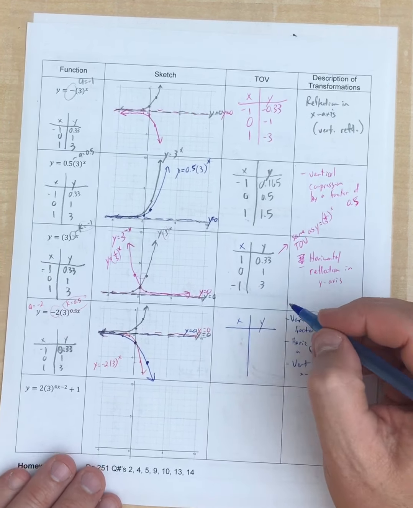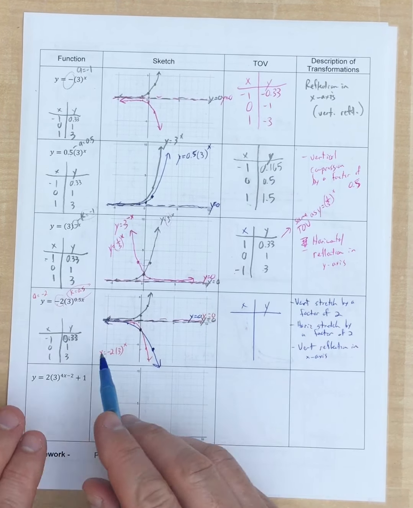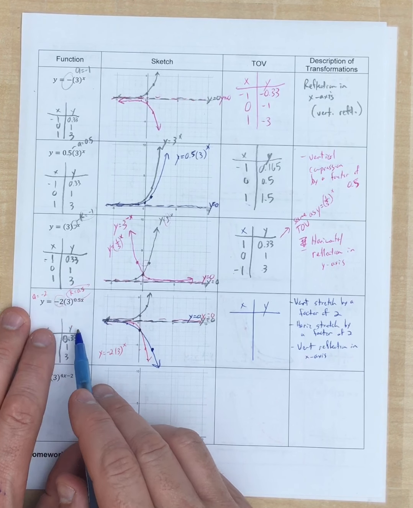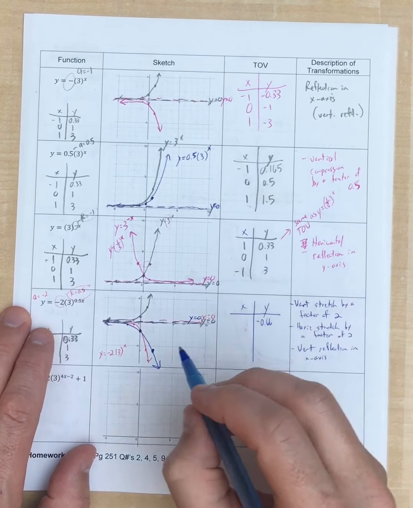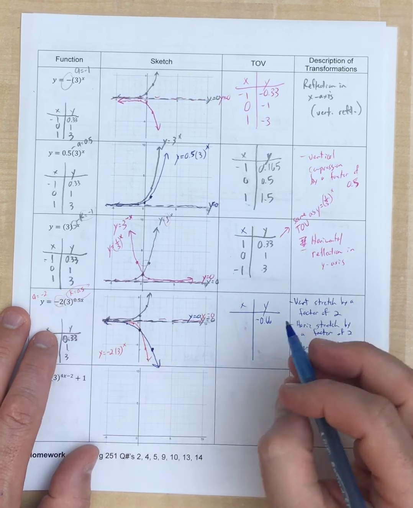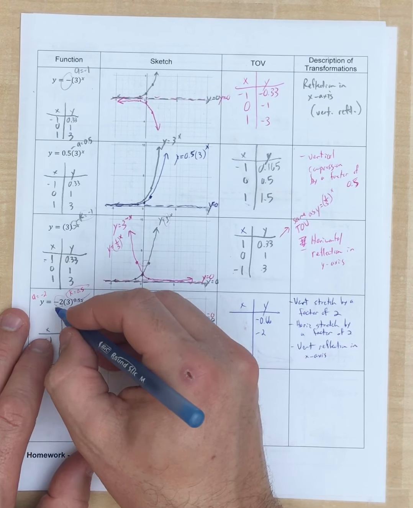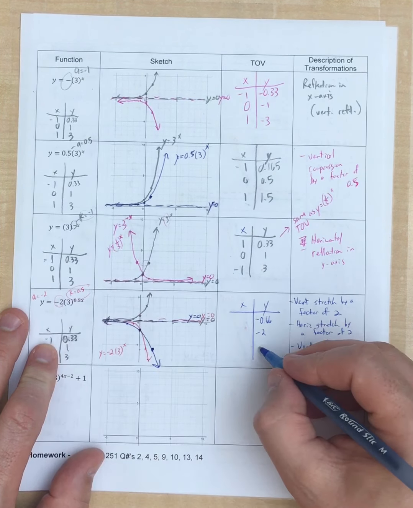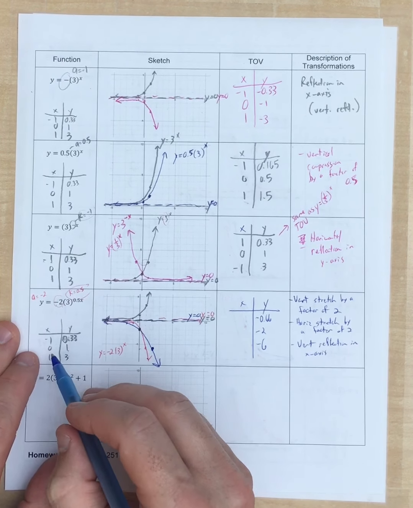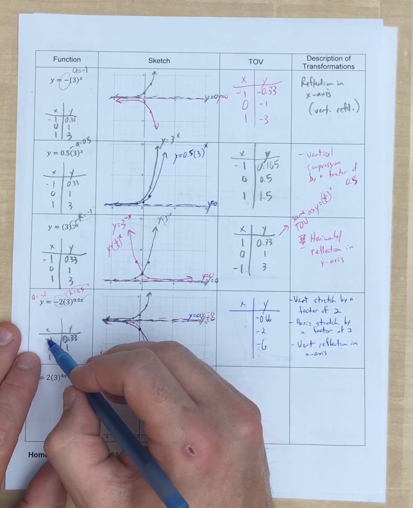Okay? Now, table of values. When I do those table of values, what I'm going to want to do is modify my x's and modify my y's. So I've got my basic one. I'm going to take my -2 and multiply it by 0.33, and I get -0.66. I'm going to take my 1 and multiply it by -2, and I'm going to get a -2. And I multiply this by a -2: 3 times -2, and I'm going to get a -6. Here, I take my k values, and I divide by my k values.